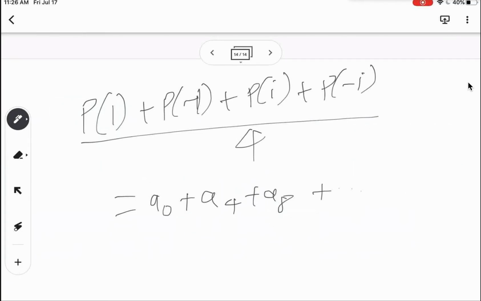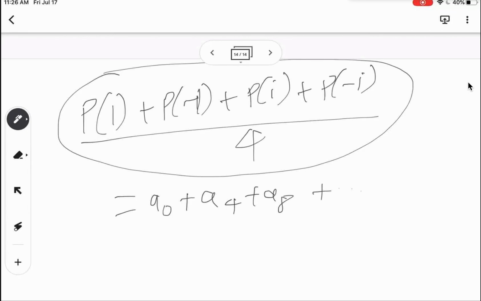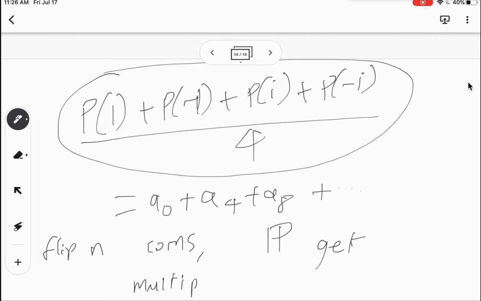But anyways, the useful thing about this is that sometimes it's easy to find what p of i or p of negative i is. So let's look at our coin examples. What if you flip n coins, what is the probability that you get a multiple of 4 heads?